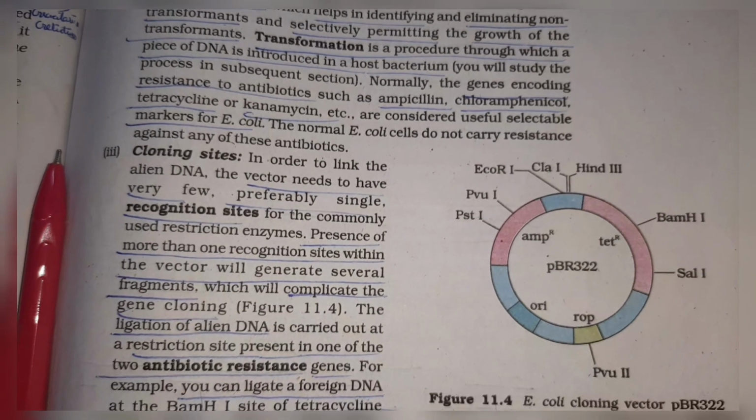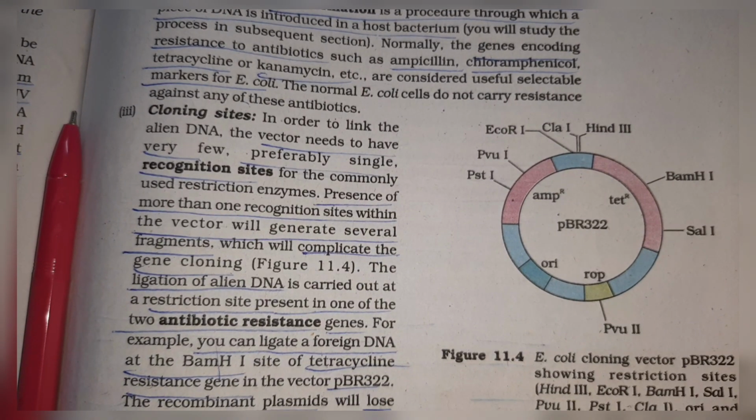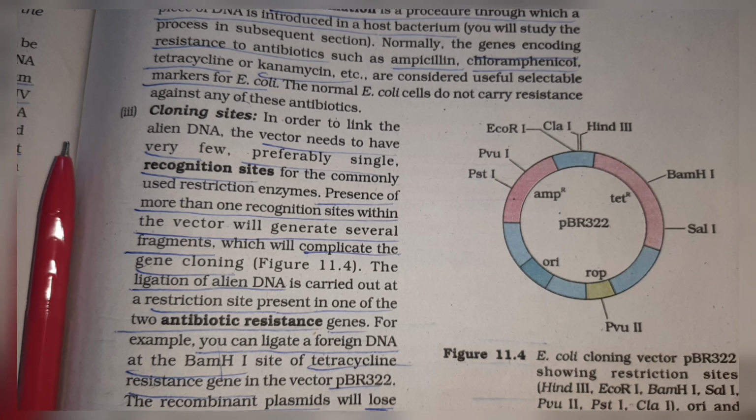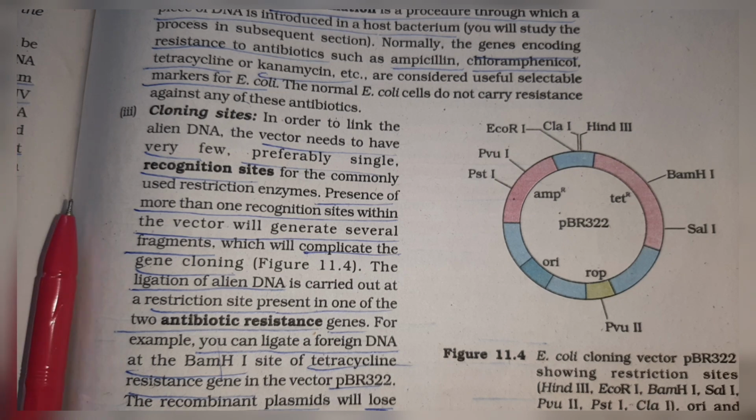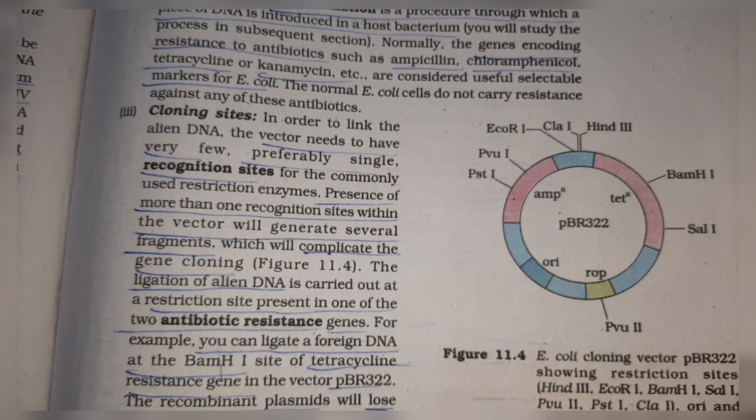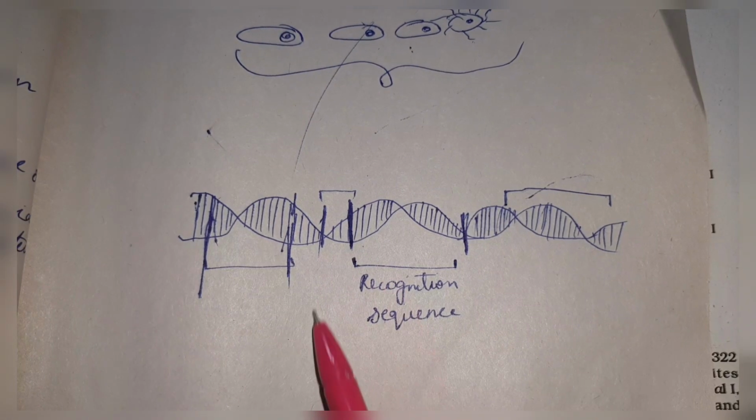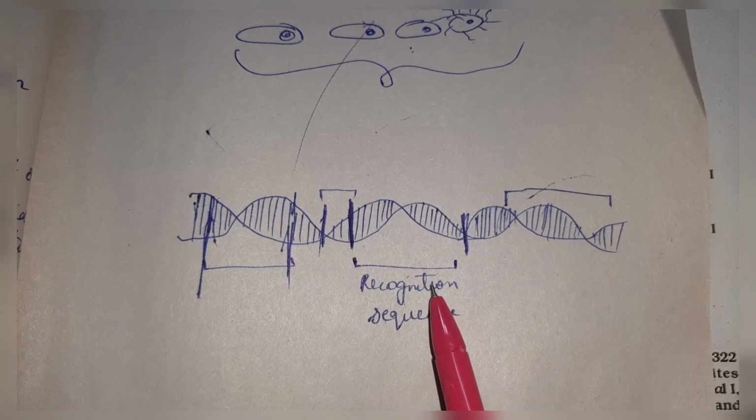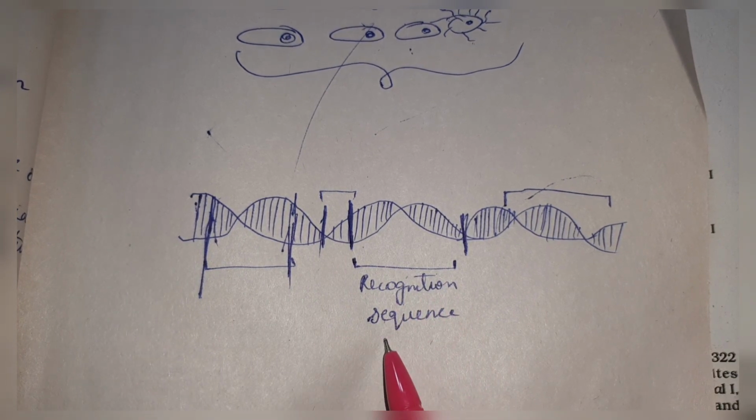Let's talk about cloning sites. In order to link the alien DNA, the vector needs to have very few, preferably single, recognition sites for the commonly used restriction enzymes. Presence of more than one recognition site within the vector will generate several fragments, which will complicate the gene cloning. We have previously seen that this is the recognition sequence for one particular restriction enzyme.